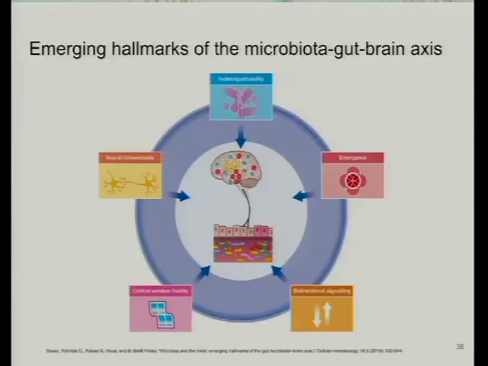I want to wrap up by talking about this interesting paper suggesting hallmarks of the microbiota-gut-brain axis. I'll briefly go over them: indistinguishability, emergent properties, bidirectional signaling, a critical development window, and neural homeostasis.